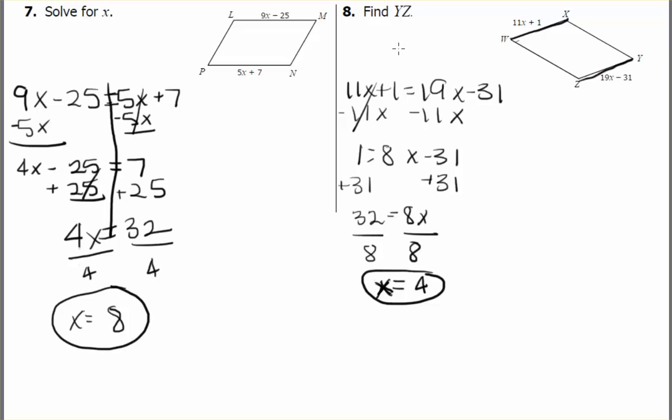Now again, you want to make sure you answer the question that I asked. It said to find YZ, so we have one more step we still need to do. So we got x equals 4. So to find YZ, it tells us that it's 19x minus 31. So I want to substitute 4 in for x. So I'm going to say 19 times 4 minus 31.